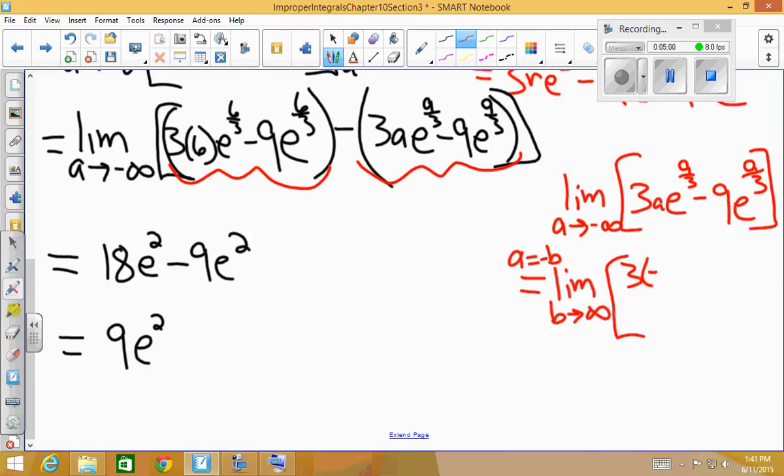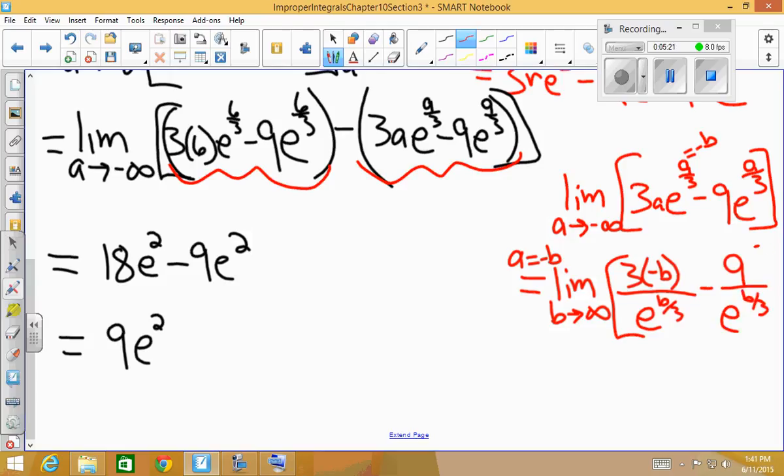3 times negative b. Now, a is equal to negative b, so that negative exponent is going to drop that factor into the denominator. So this becomes e to the b over 3 minus 9. Again, a is equal to negative b, so this is e to the b over 3.